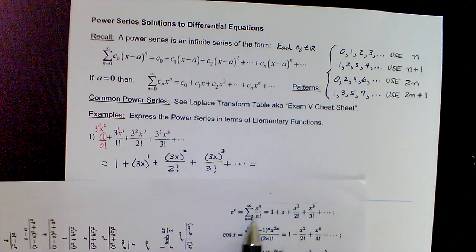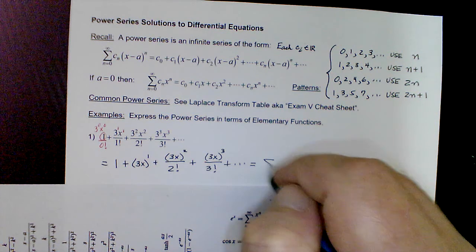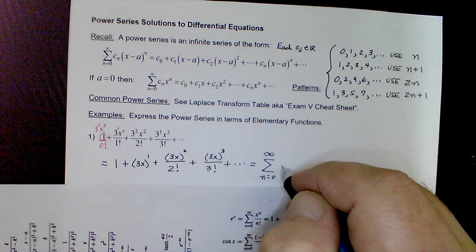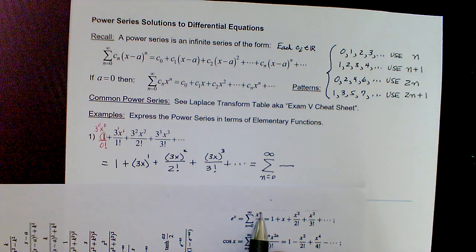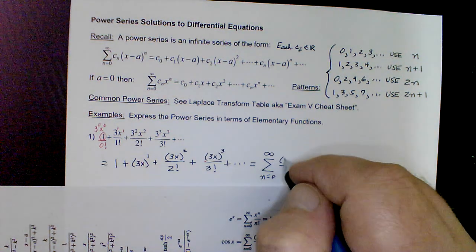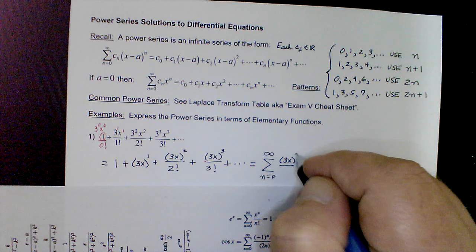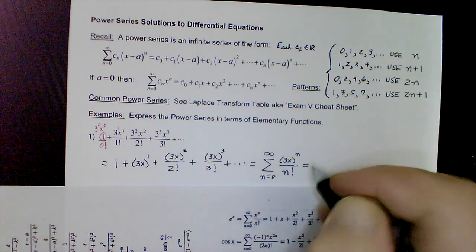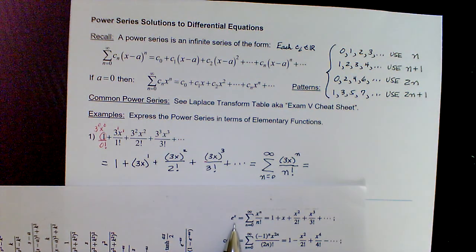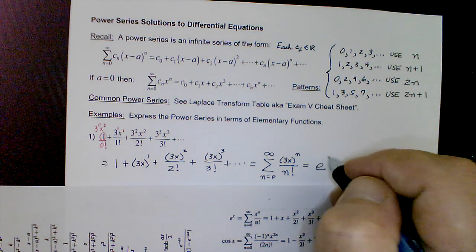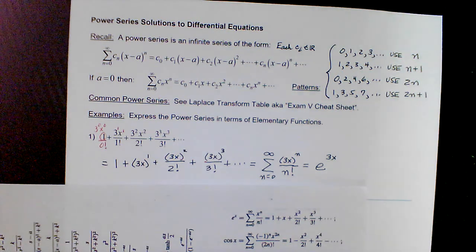So in summation notation, you can write this as the sum as n goes from 0 to infinity of, instead of x to the n over n factorial, the quantity 3x to the n over n factorial. And then we certainly at that point realize that it's really e to the x, but where x is 3x. So as an elementary function, this would be e to the 3x.